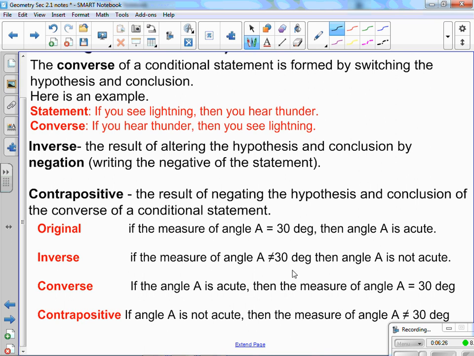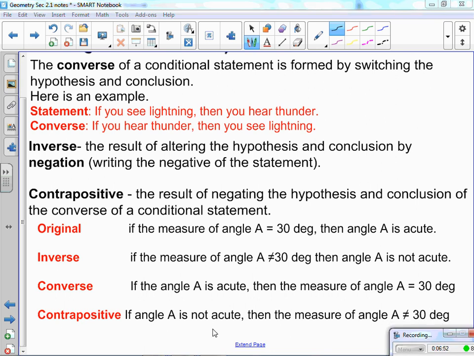All right, so we've put not into both ends of the statement, making it an inverse. The converse switches the order. So taking what's on the end here and putting it at the front, and what's at the front goes to the end. If angle A is acute, then the measure of angle A equals 30 degrees.